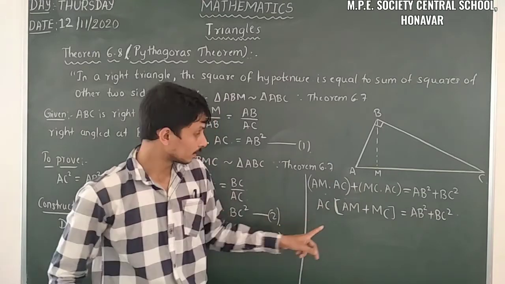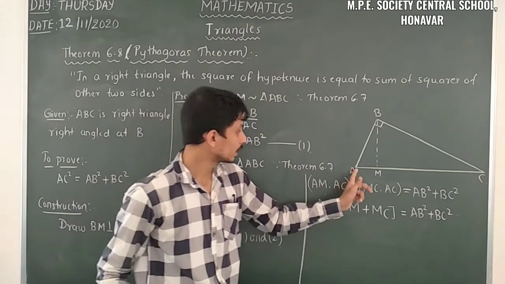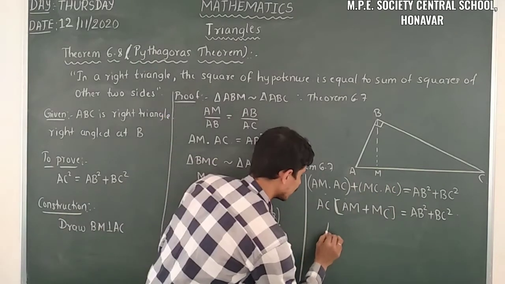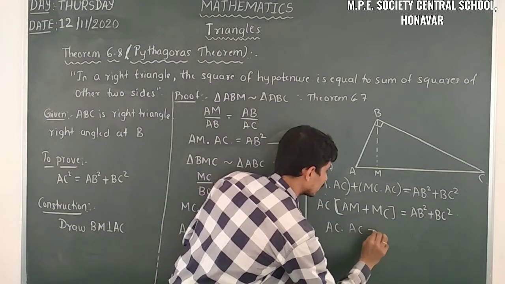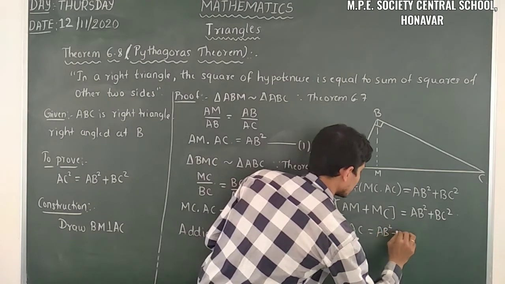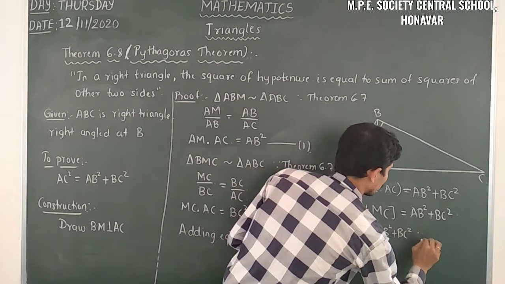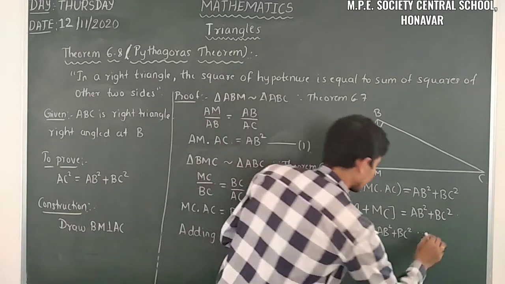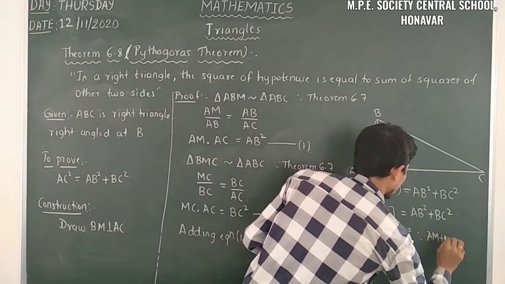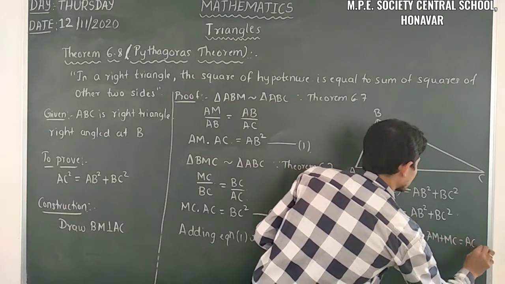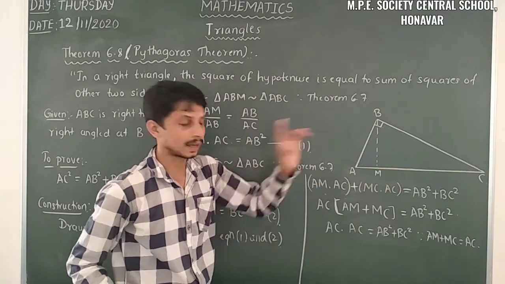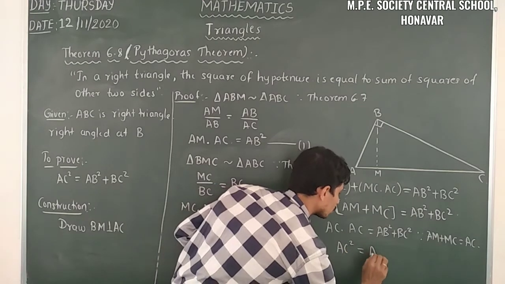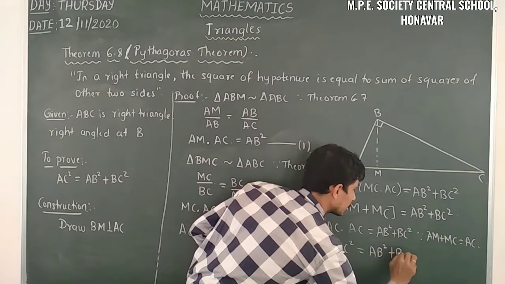AM plus MC together we get AC, so AC into AC is equal to AB square plus BC square, because AM plus MC is equal to AC from the diagram. So AC into AC is AC square is equal to AB square plus BC square.